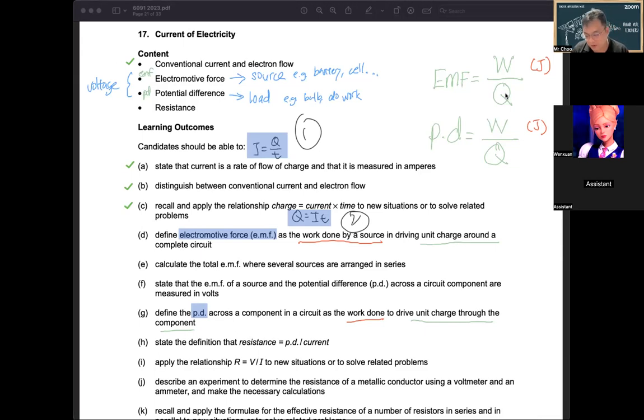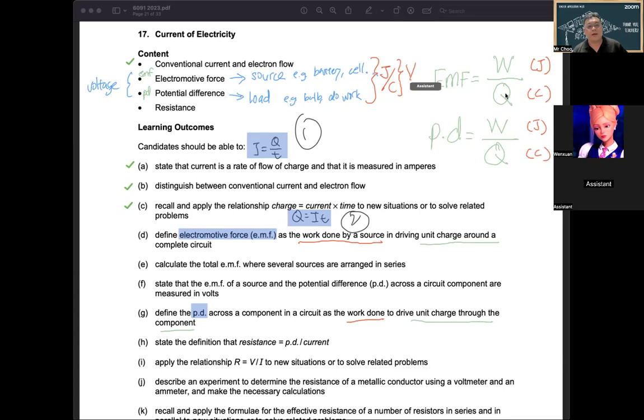Okay, very good. The unit of charge is coulomb. So basically, the unit of these two things is joule per coulomb. And they actually combine this, to give you the unit called voltage.